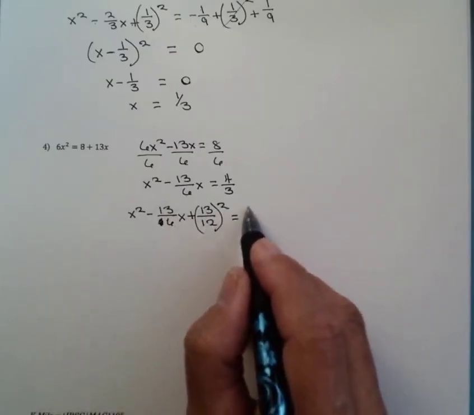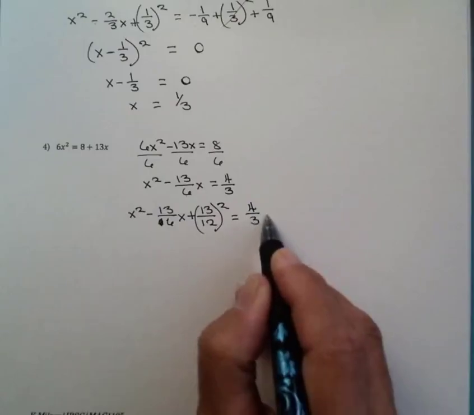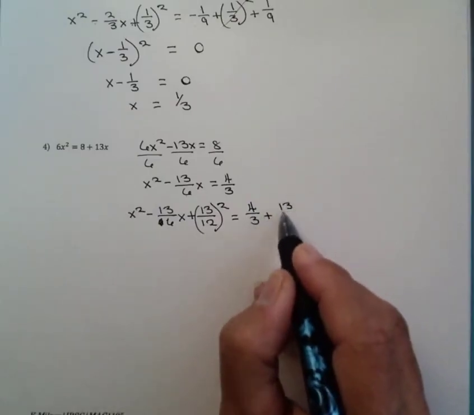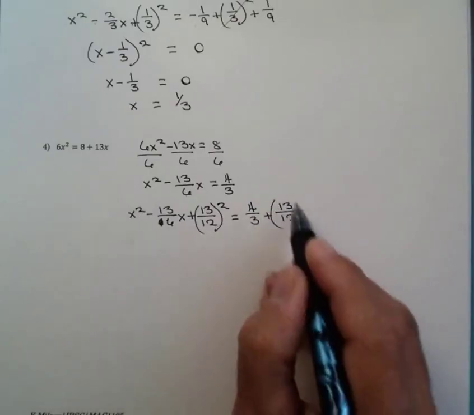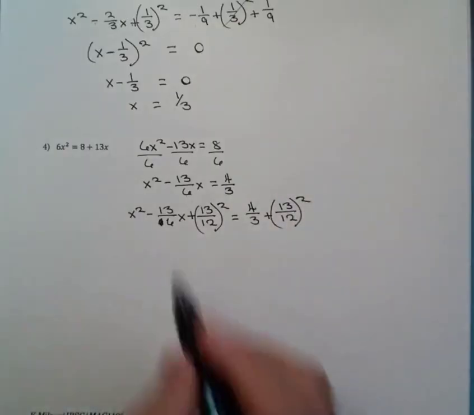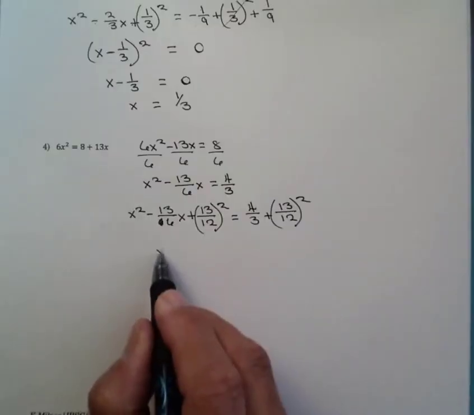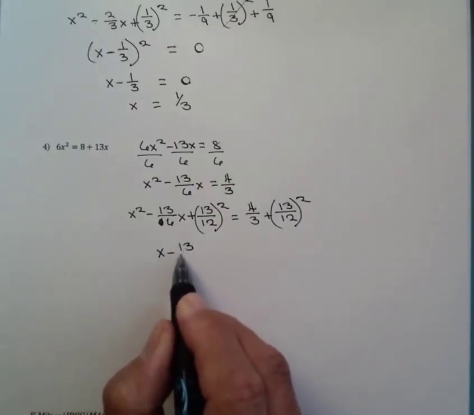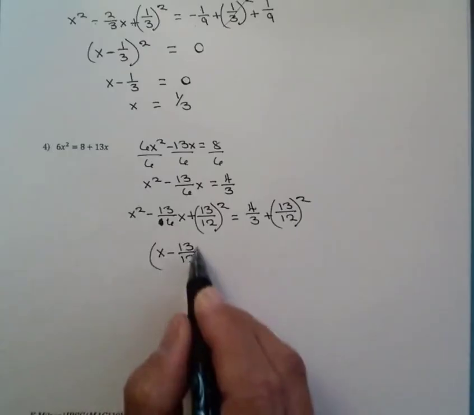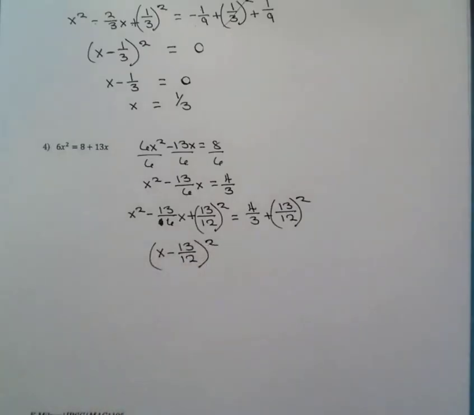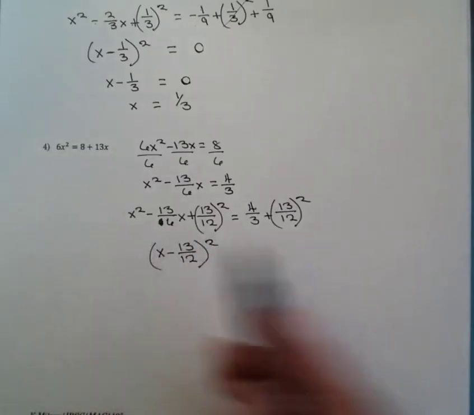Okay, and that's equal to the 4/3 plus, same thing, 13 over 12 squared. Okay, let's go ahead and factor this because we have a perfect square trinomial. It's going to be x minus 13/12, and that's binomial squared. That's my perfect square trinomial factored.